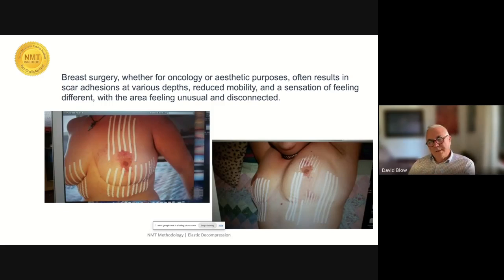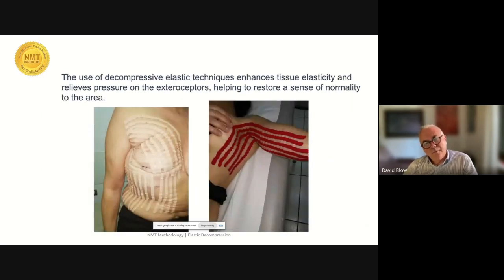And so here, as you can see, there are different widths of the tape. Different widths of the tape, for you who have already done the course, mean different objectives. We have a sensory objective, a vascular objective, a lymphatic or functional objective. Consequently, the choice of width of the tape depends upon your objective.